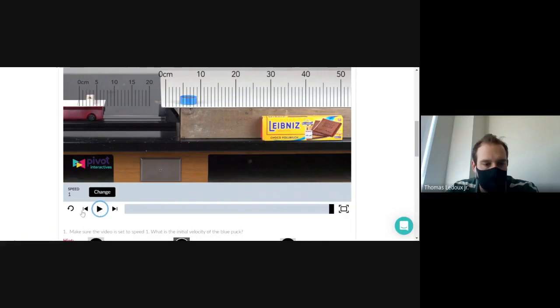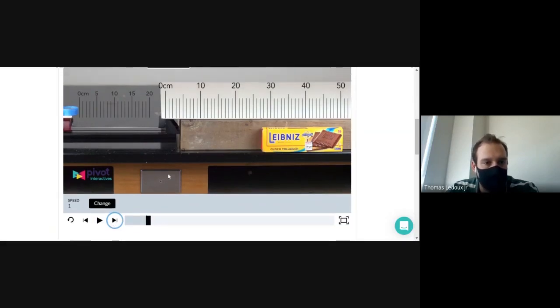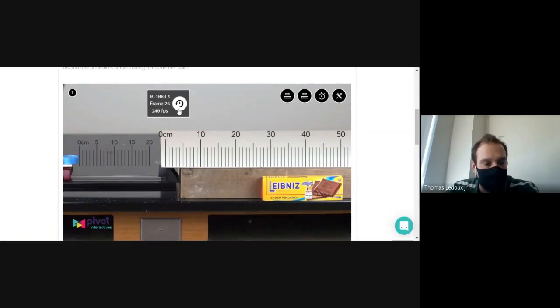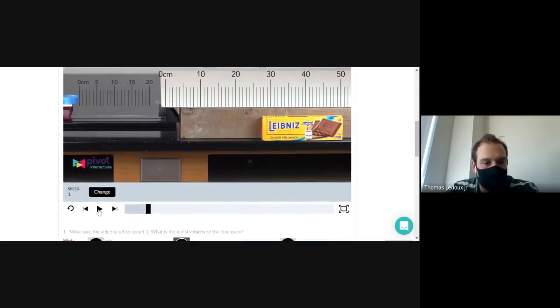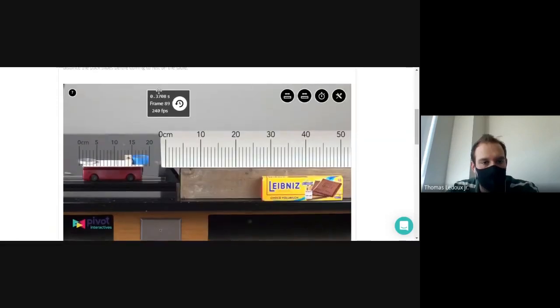If we hit play again, if we hit reset, and let's hit play, and we can pause the video and go frame by frame until it reaches that 0 mark right there. And then I can also reset the timer, time equals 0, and now I can time how long it takes that puck to travel 20 centimeters.